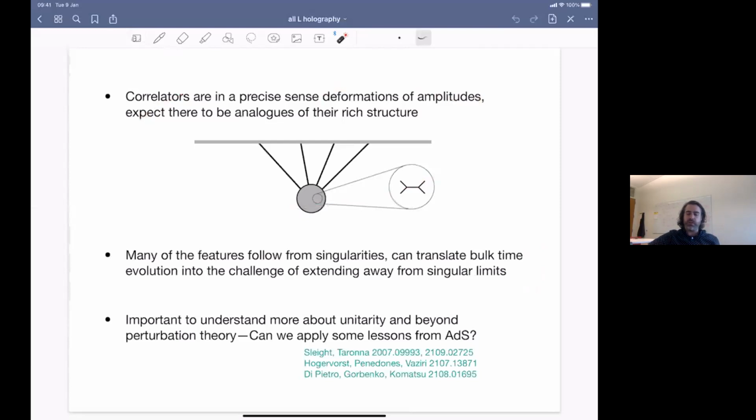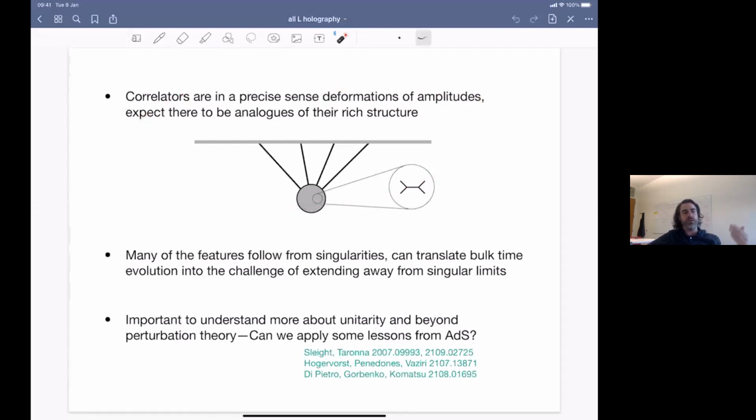And just as some vague speculation, in the spirit of the theme of this conference: one of the reasons we want to do cosmological holography is that we want to understand something about the initial singularity, or the very earliest times in the universe.